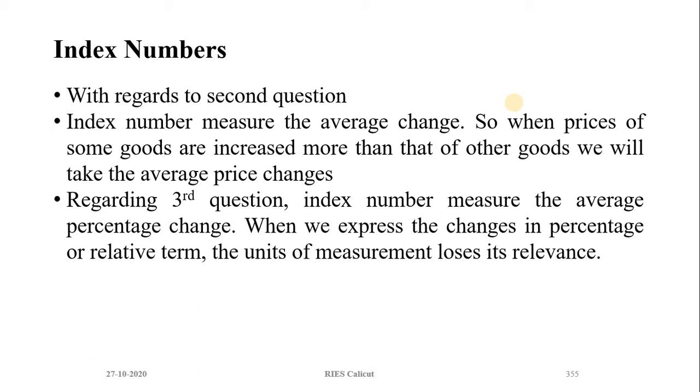So the statement that the prices of these commodities have been increasing is based only on the average changes. There may be an increase or a decrease. Sometimes the increase in one commodity may be more than in some other commodities. But when you make a statement like the prices of the commodity have been increasing, it is an average statement.